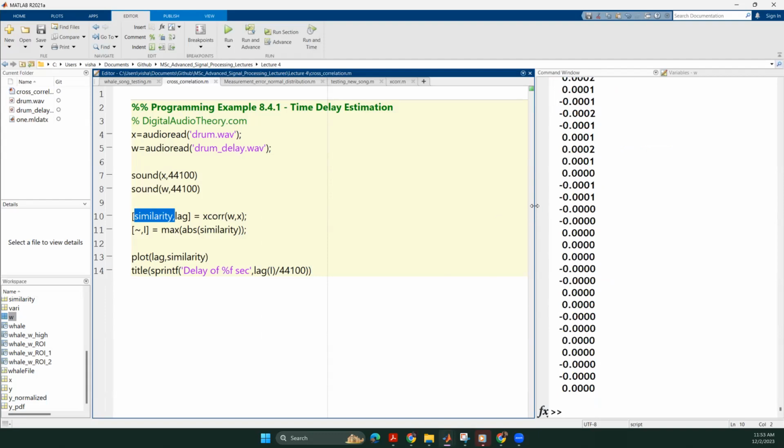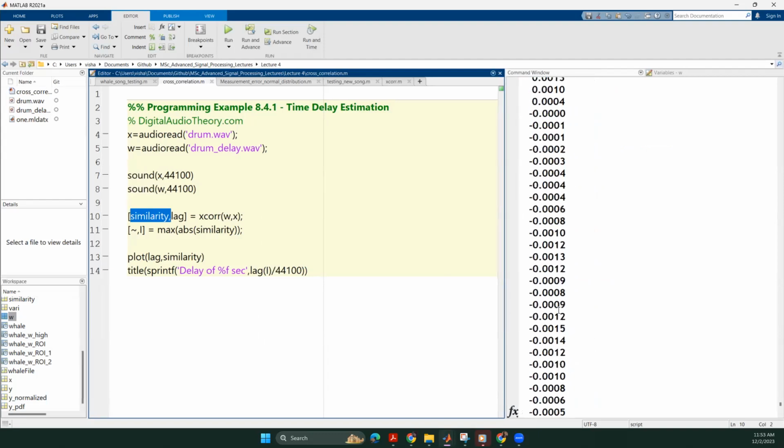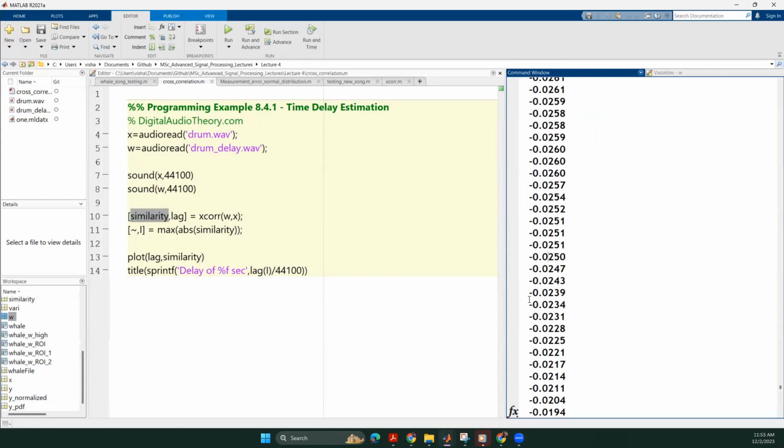The similarity value I can get as an array, considering all the different possible combinations of the two signals W and X. So I'm comparing W and X at all possible combinations. You can observe there are minus values and plus values, all combined as the output.